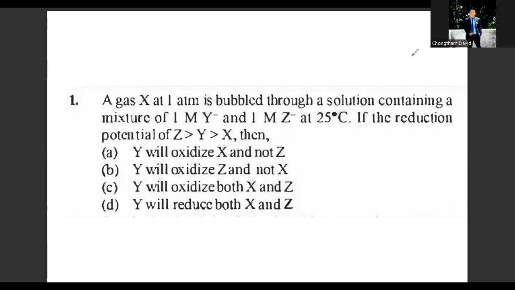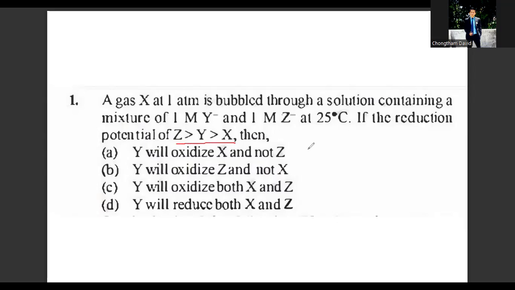So this is the question. Now, after analyzing this question thoroughly, the given order of reduction potentials or the tendency is given as Z greater than Y greater than X. Now, a spontaneous reaction will have the following characteristics. Z is reduced and Y is oxidized.